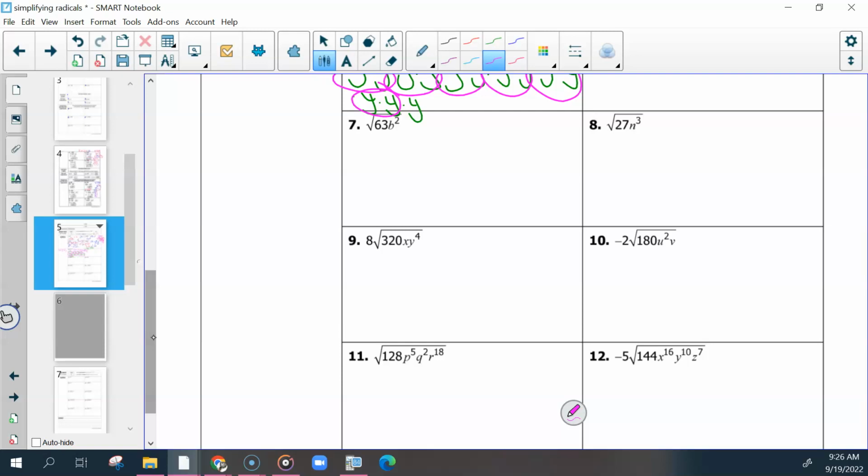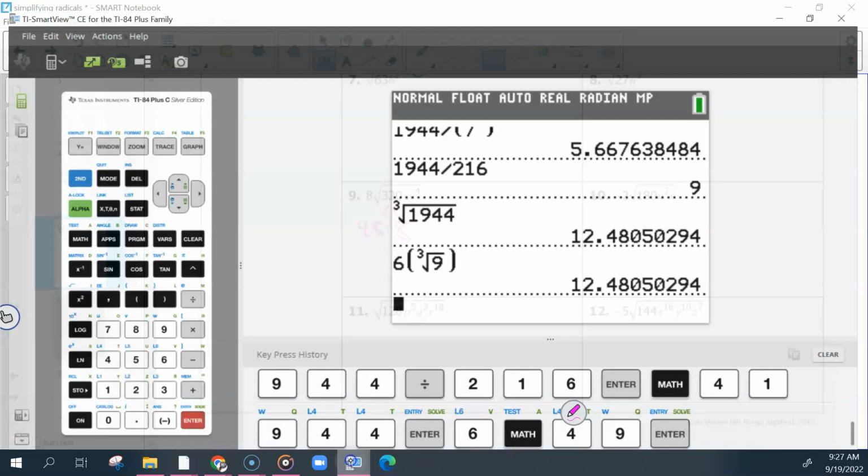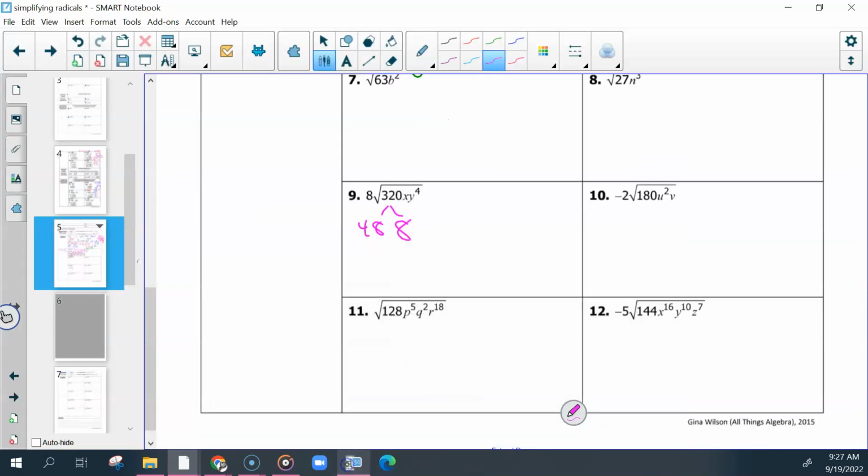Factor tree method for everything? Okay. So someone give me 2 factors of 320. Kendall? 48 and 8. I think that works. No, just 40. 40 and 8.